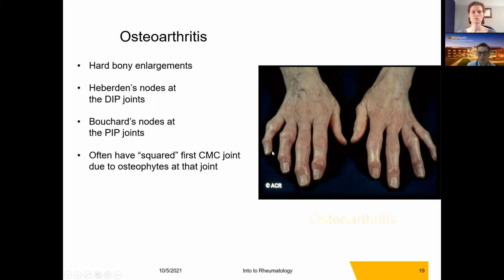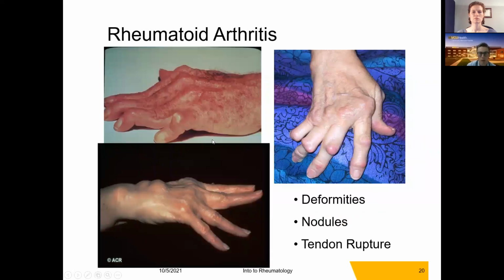In contrast, these are a couple of patients with rheumatoid arthritis. And you can see a lot more involvement of these knuckles at the top of the hand, as well as a lot more deformity. They get what's called ulnar deviation, where their fingers twist to the outside, and they get these deformities where their fingers make weird shapes.